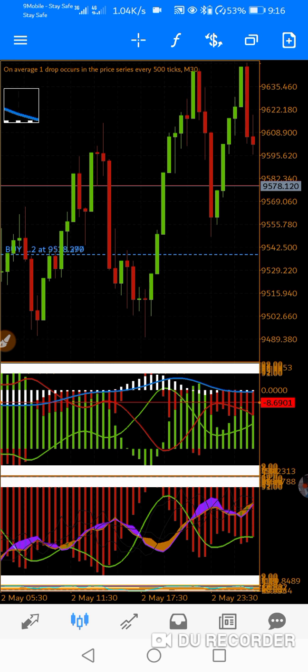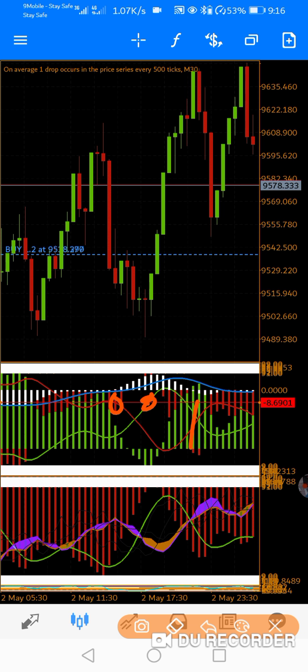Keep it on top of the red, the previous one, which is this one here. When you keep it there, anywhere the green touches, when the green touches this line here, that's going to be your buy around this zone. So you bought, you see, it went to that level, and this is M30. You shouldn't be stingy. You should have a target, okay?